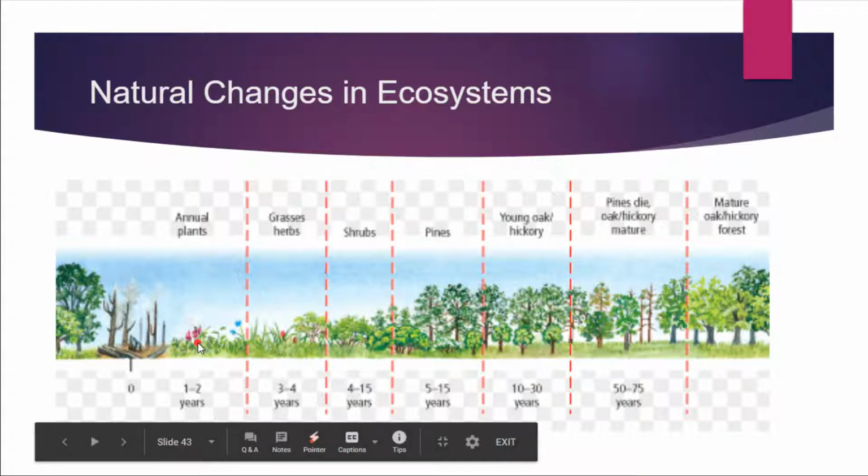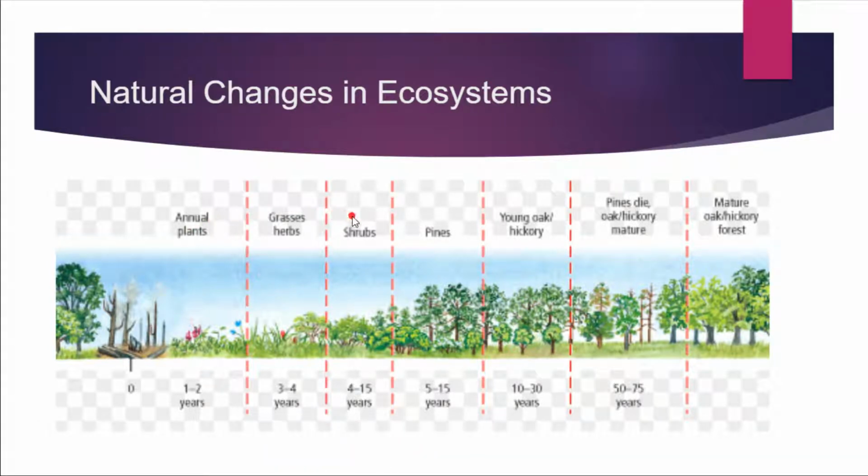But this gives an idea that there are some annual plants at the beginning. Then we have grasses and herbs, shrubs, pines, young oak and hickory. The pine will die off, oak and hickory will mature, and then we have a mature oak hickory forest. This is just an example, and that's over nearly 100 years.